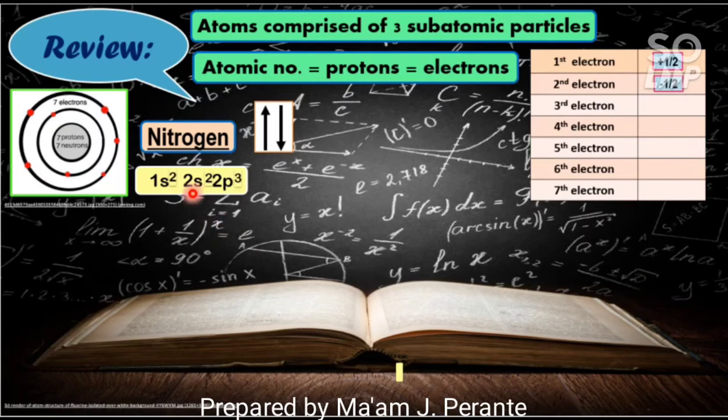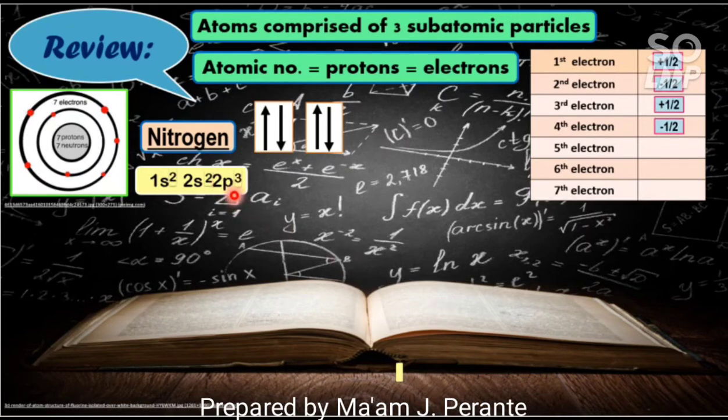Then let's proceed to 2s2 now. It's still s, so one orbital only. Arrow up means positive 1/2, followed by arrow down, which means negative 1/2. And let us now have the 2p3 orbital.